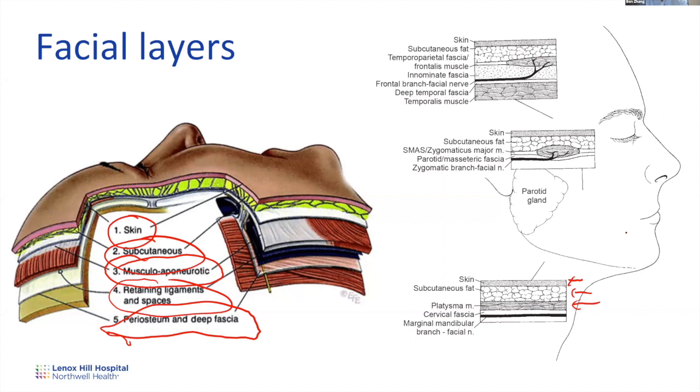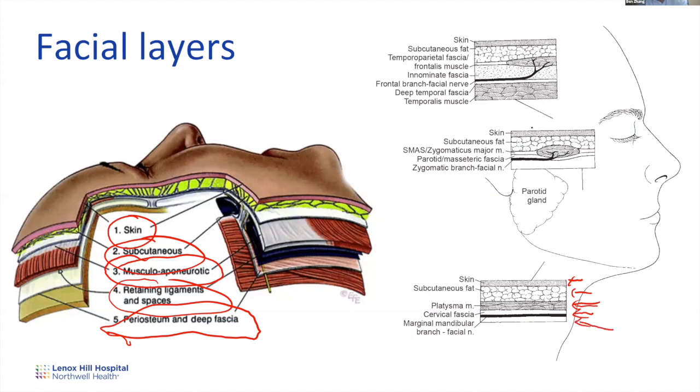This is the muscle that, when you age, becomes loose and you get neck bands. Some people get a facelift to stretch that muscle back tight. And then below the platysma muscle, you have a layer of fascia and then some nerves.